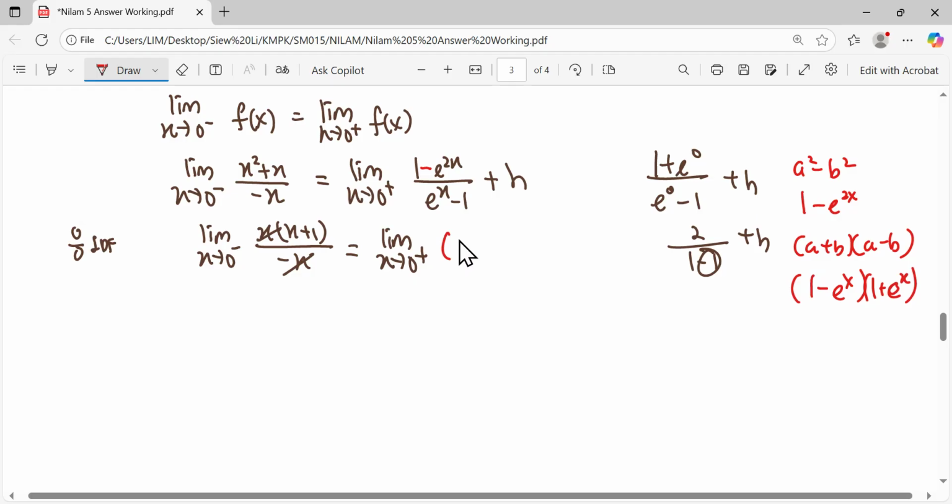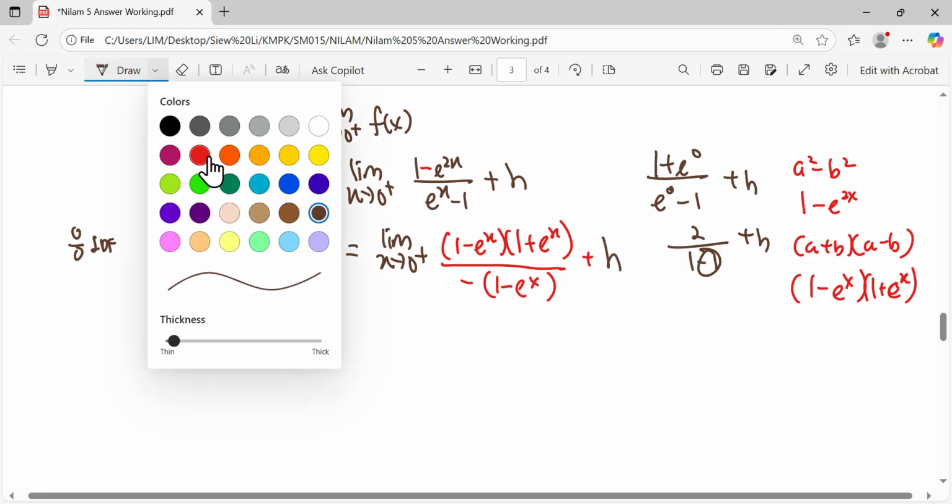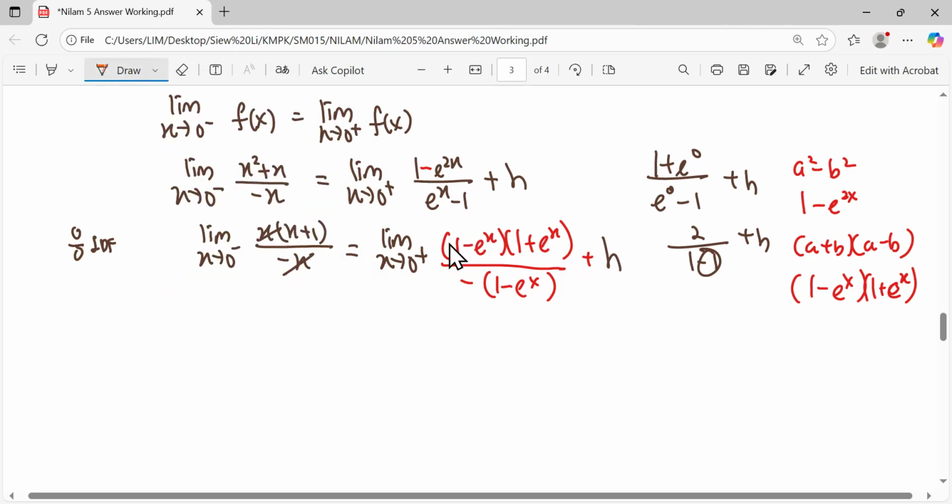Therefore, when I factorize this, there is (1 minus e^x)(1 plus e^x). From the denominator, we can notice here we can simplify, take out the negative, you will get 1 minus e^x, and plus h. So now you can notice here, the factor of 1 minus e^x can be simplified.